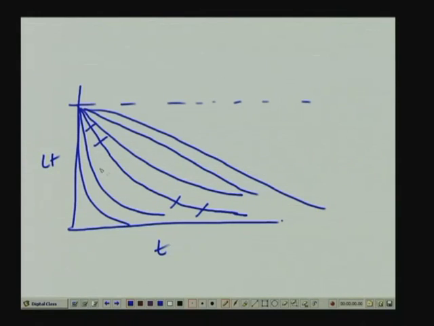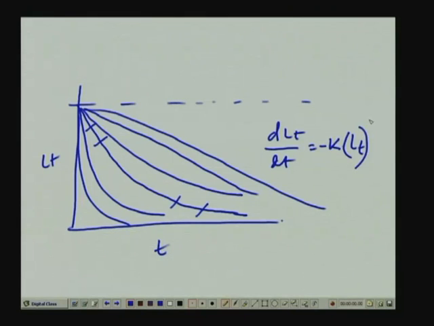So in many cases, the first order reaction rate can be written as dLT by dt equal to k, if we are not changing k as a time related function, as a power.